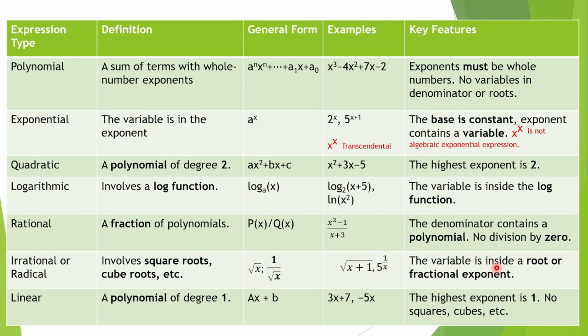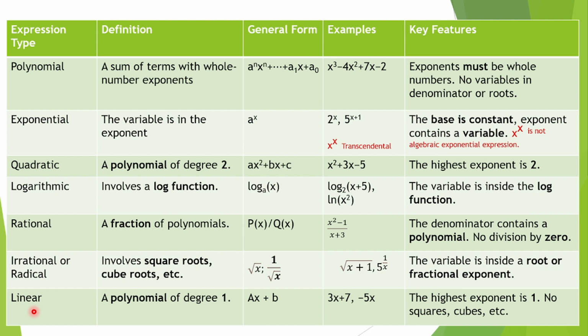The variable inside a root or with a fractional exponent. If there is a fractional exponent on a variable, it is also called radical expression. For example, x power 5 divided by 3 is a fractional exponent, and this is called radical expression.